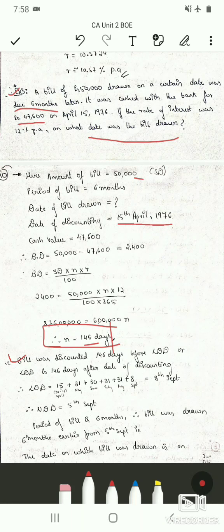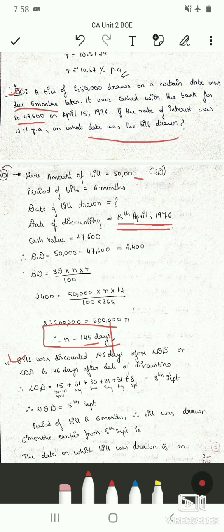So today is, if it is April 15th 1976, then the bill will be legally due after 146 days. So that is nothing but your N, right? N is nothing but the period between date of discounting to legal due date.